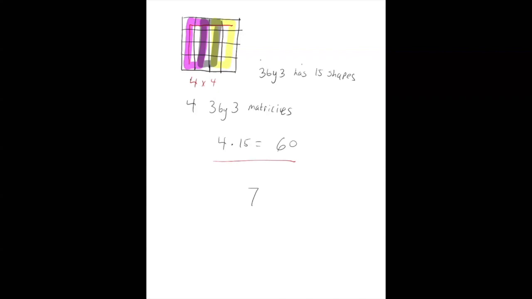So that means we have about 67 shapes that satisfy our definition of semi-standard skew shapes.